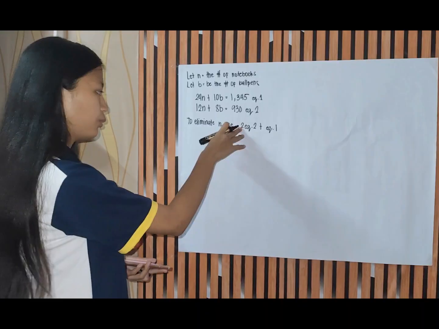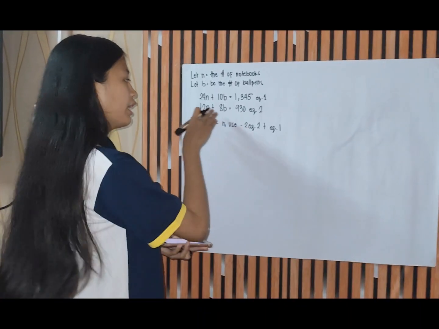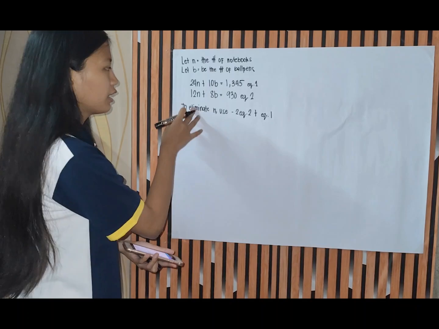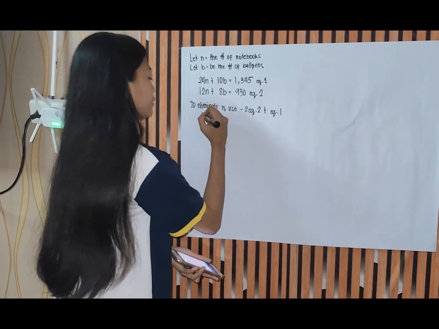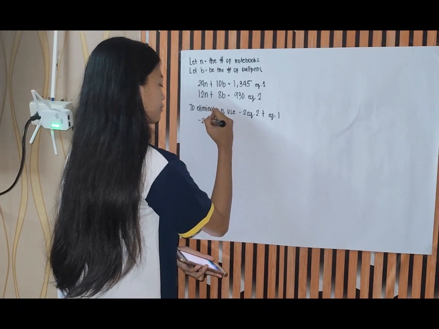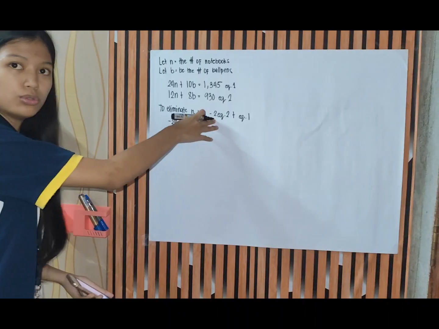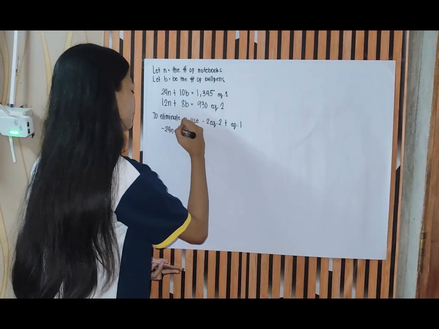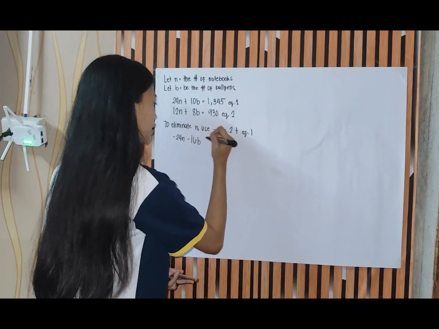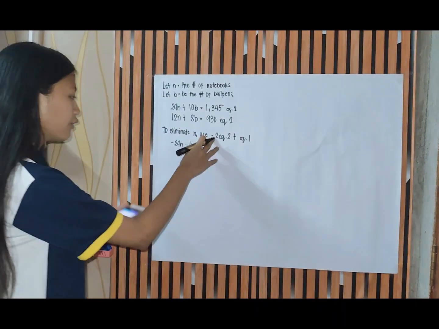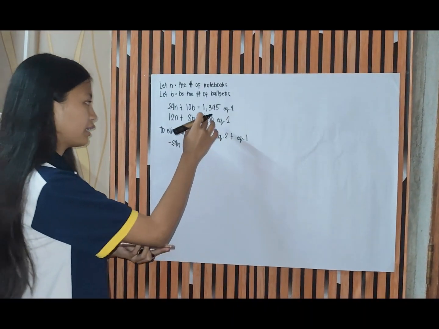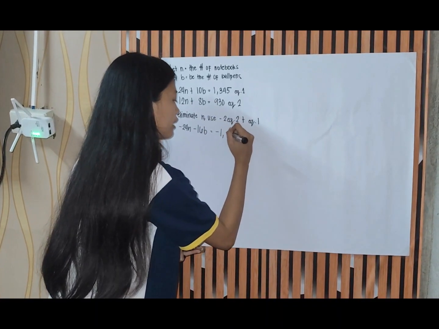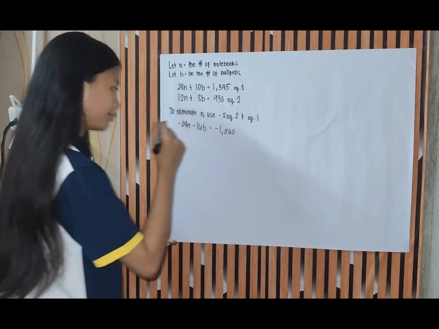So we distribute -2 in equation 2. -2 multiplied by 12n will be -24n. Then -2 multiplied by 8 is -16b, is equal to -2 multiplied by 930, which is -1,860.